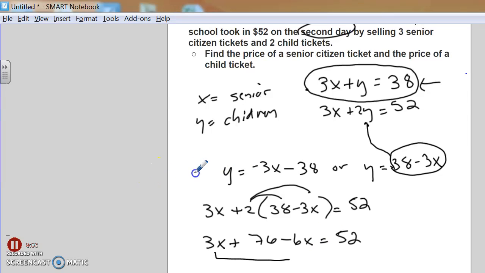And again, I want to combine my like terms, and that's going to give me negative 3x plus 76 is equal to 52. And I'm going to add the variable to the other side, and then subtract 52 all in one step. So that goes to 0 here, that goes to 0.